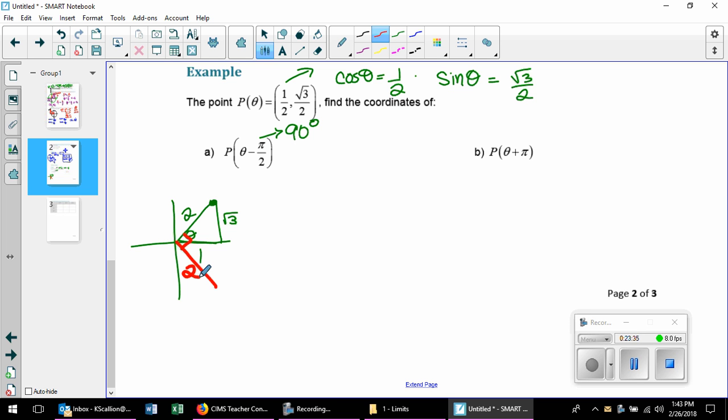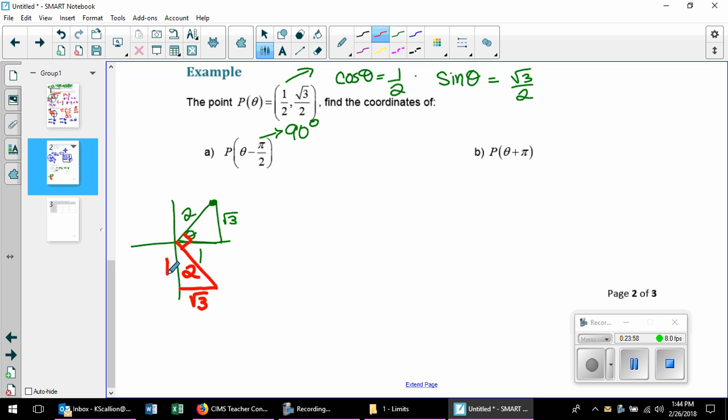So now it looks like this. So essentially I've rotated my triangle that way. Like I've taken it and moved it here.